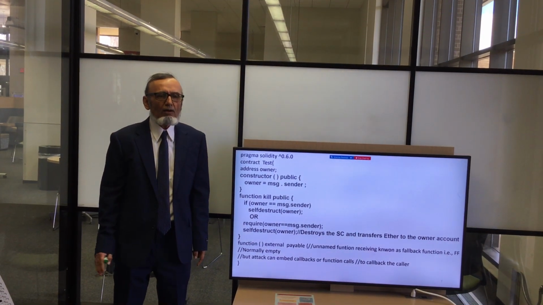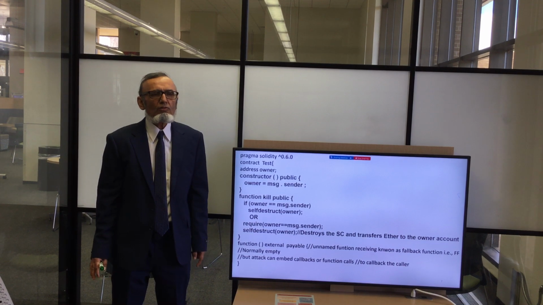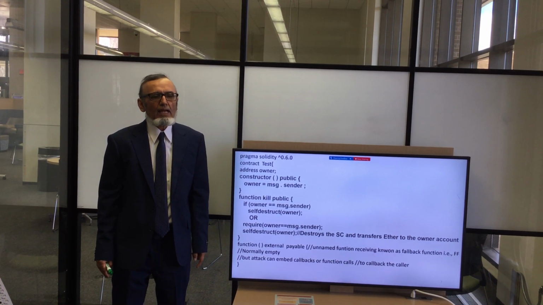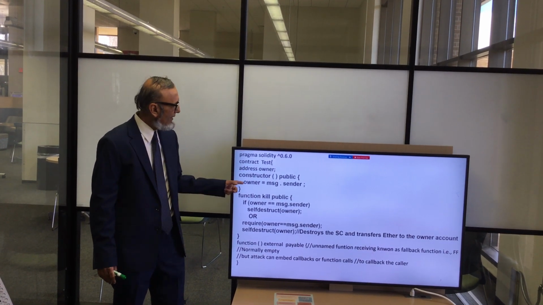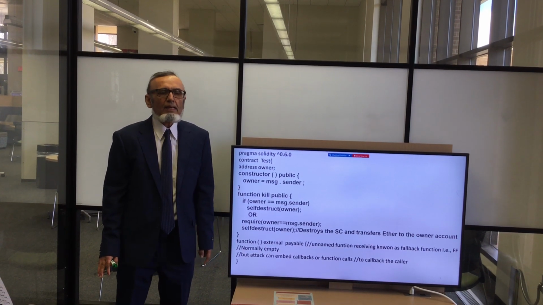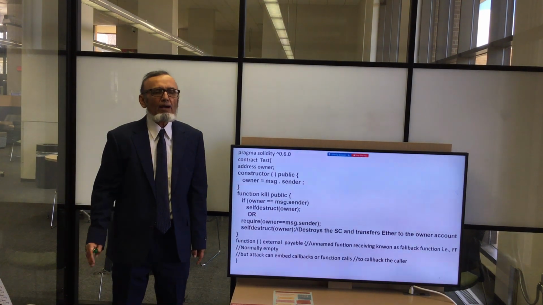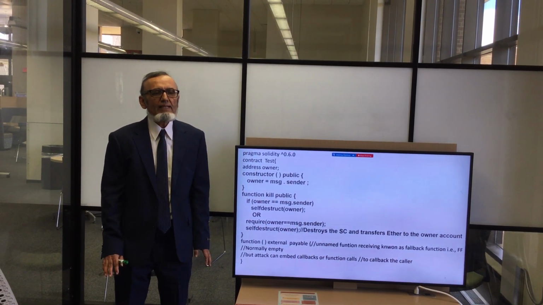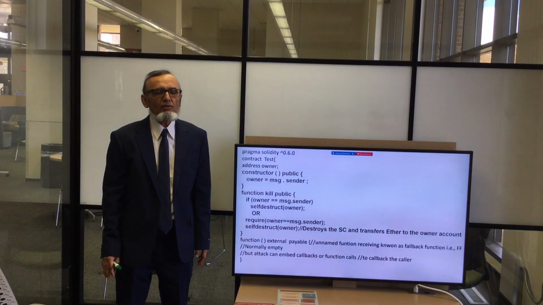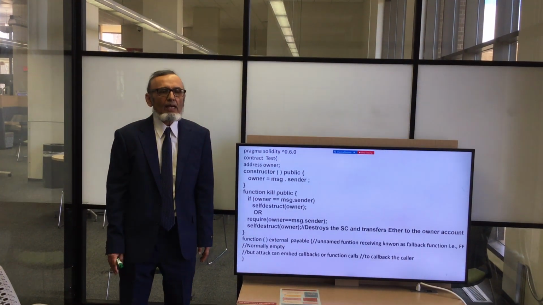In the case of Solidity also, we are doing the initialization, but here we are assigning an address to the owner, and then we can access this address in different parts of the program if we are executing a sensitive statement.